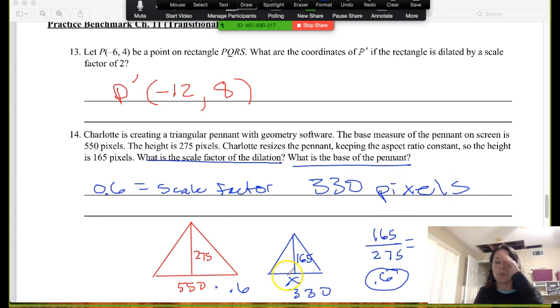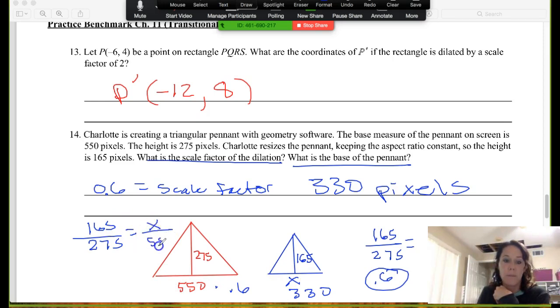If you like to do ratios, another thing you could have done is 165 over 275, so small to big, and then you would go small base to big base. That would equal small to big.